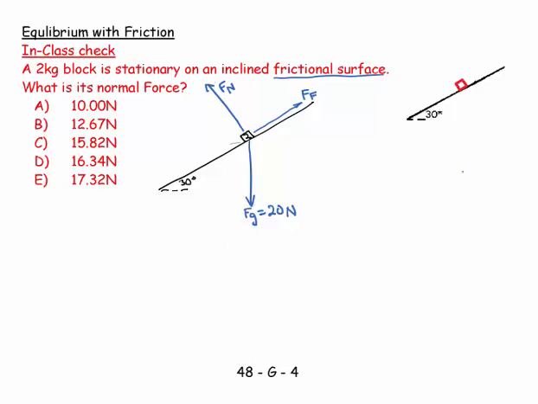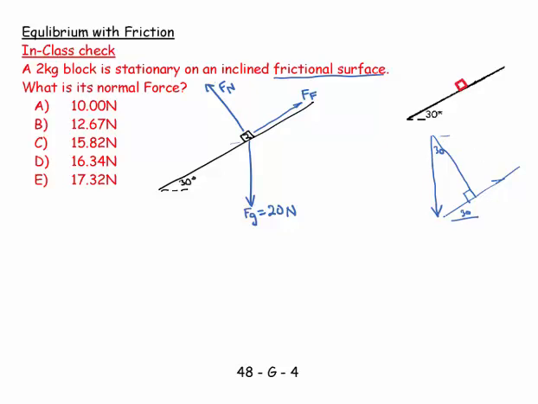Now let's just remind ourselves. I could then draw myself a scale diagram. I could say there's my weight, and here's my Ff, and then here's my Fn, and I actually know that these two are at 90 degrees to each other. I know that this is 30 degrees. I know that this must be 30 degrees from the geometry.